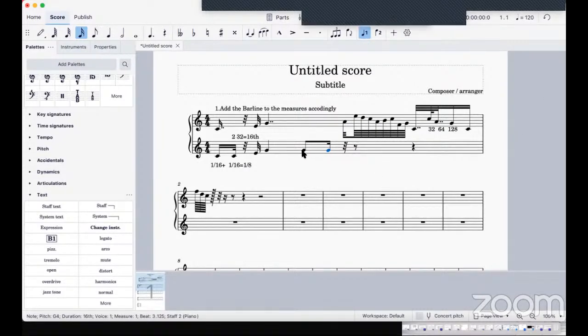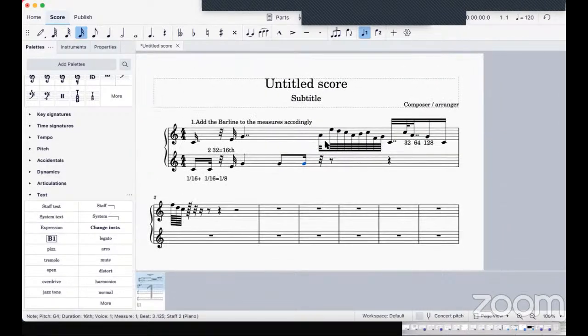So 1, 2, I need to have half here. 2 32nd notes is equal to 1/16. So 2, 4, 6, and 8. So I have 1, 2, 3, 4 16th notes.